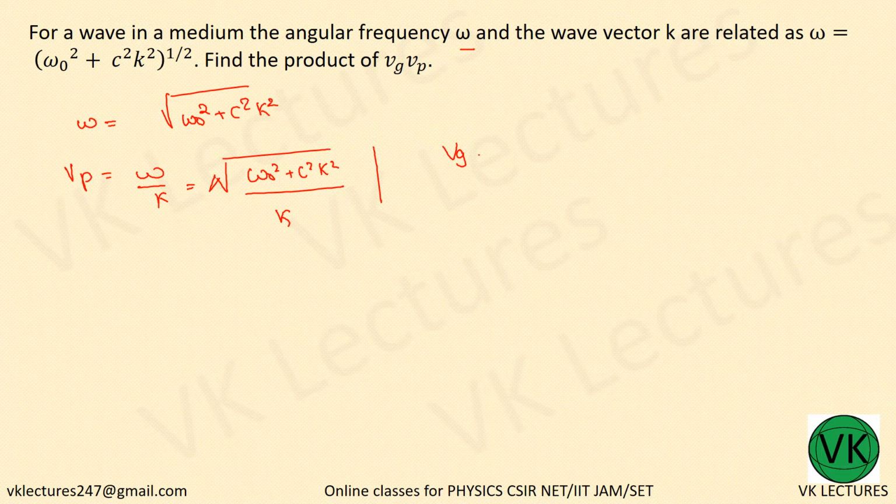Now Vg is equal to d omega by dk. Now root we can write it as 1 divided by, don't write 1 here, just divide it by 2 root of omega naught square plus c square k square. Then its derivative should come. That's how proficiency increases.